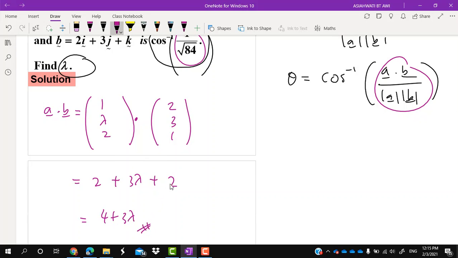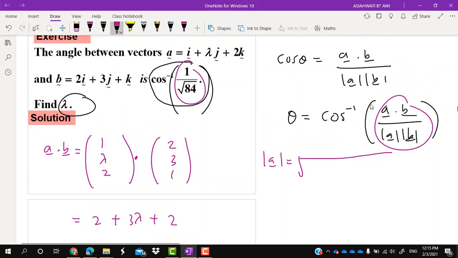Settle for this part. Then you need to find modulus. Modulus vector A: 1 squared, 1, plus lambda squared plus 2 squared, 4, is equal to square root of 5 plus lambda squared.